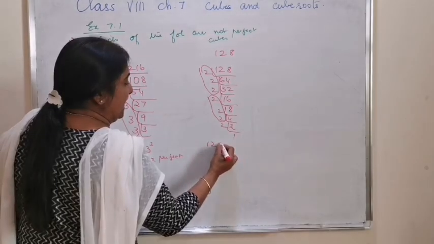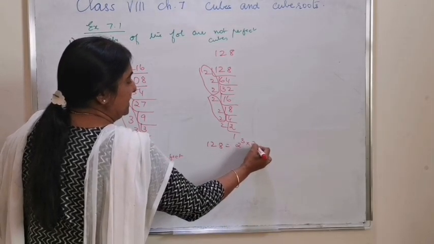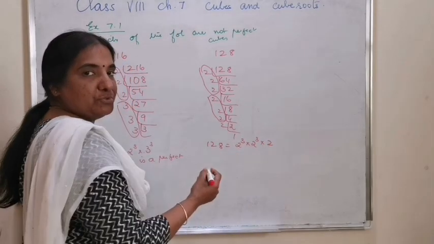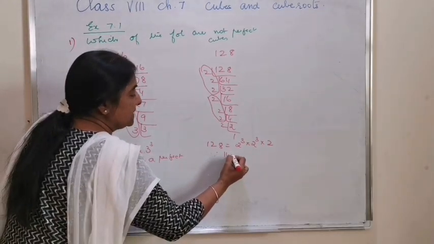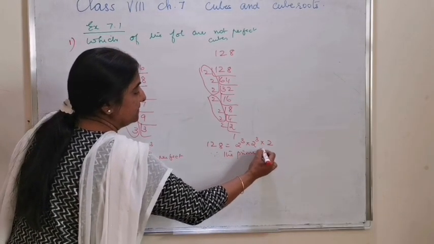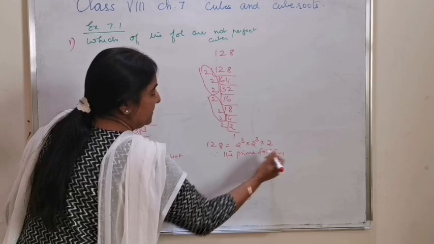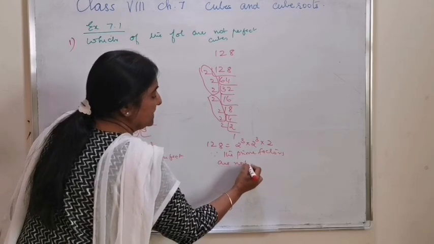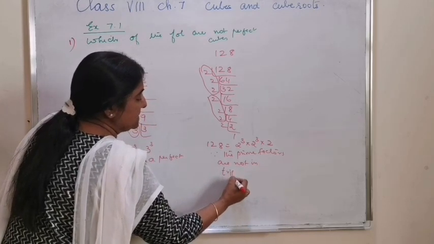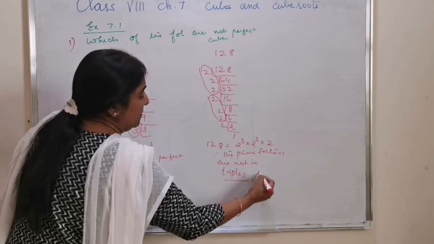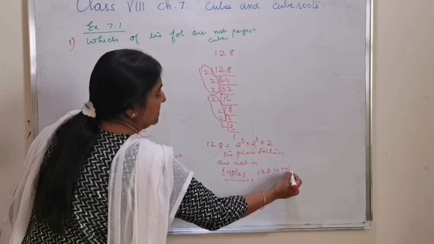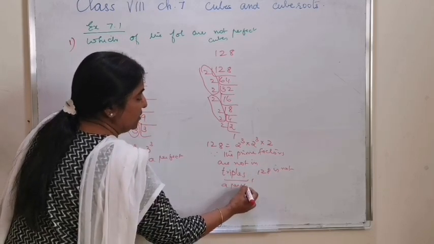So 128 is equal to 2 cubed into 2 cubed into 2. Since the prime factors are not in triples, 128 is not a perfect cube.